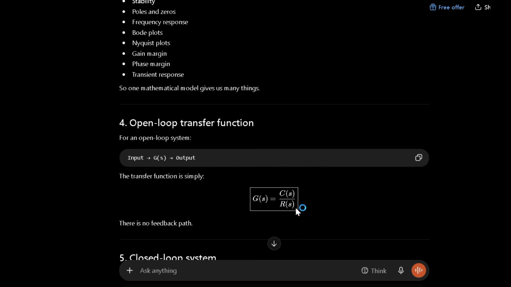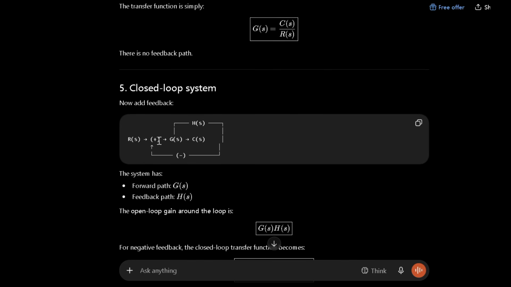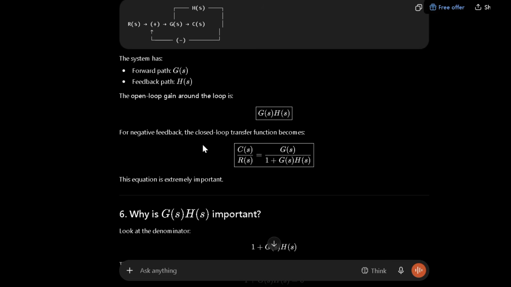The feedback is connected to the system, so we say G(s) into H(s). C by R equals G over 1 plus G(s) into H(s).